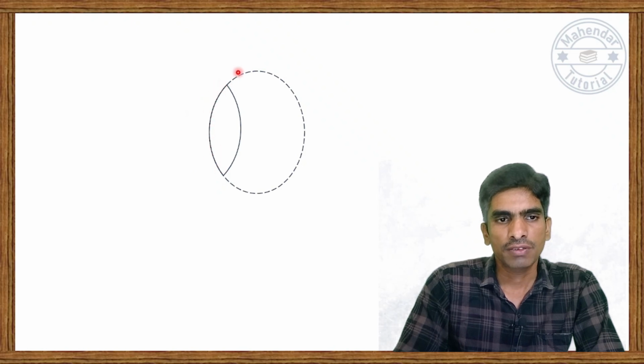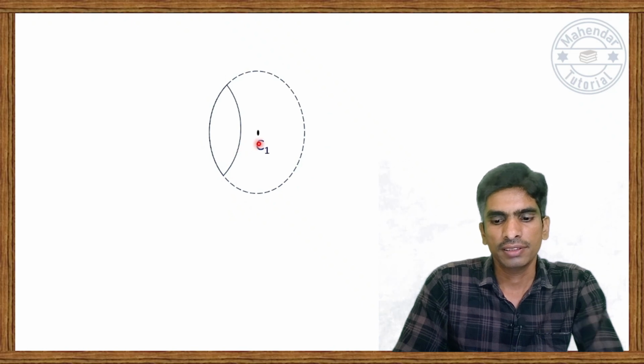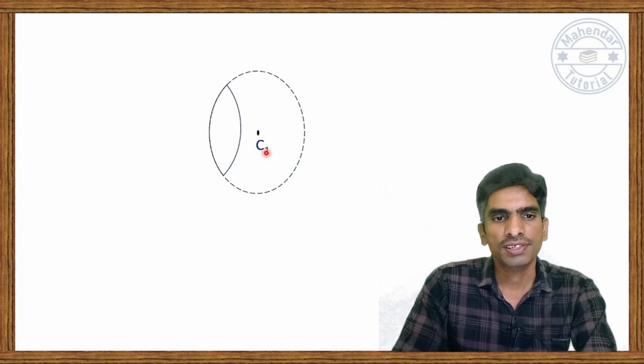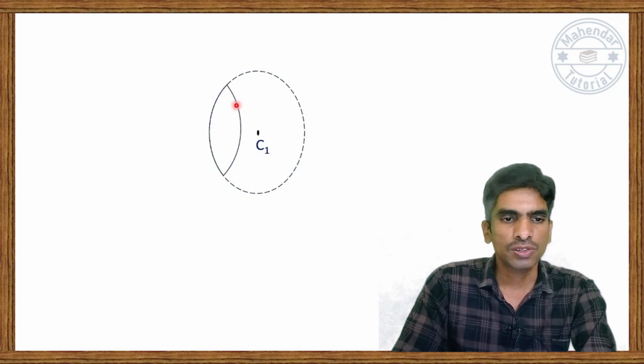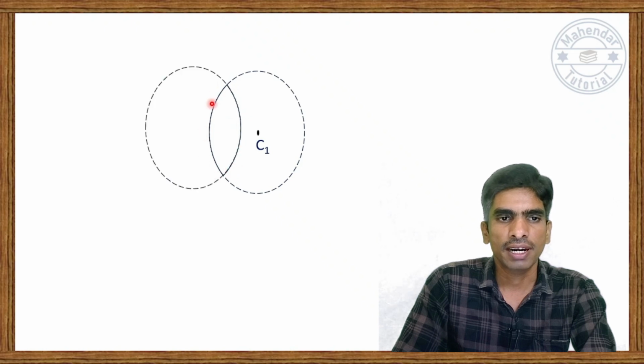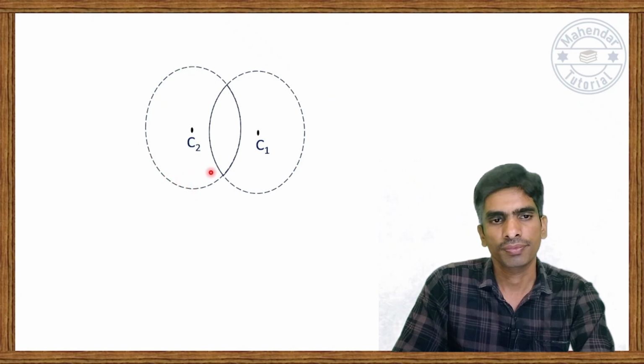The first curved surface is taken from a sphere, and the sphere has a center of curvature, that is C1, and the second curved surface is also taken from another sphere. This sphere also has one center of curvature, that is C2. So a lens has two centers of curvature.